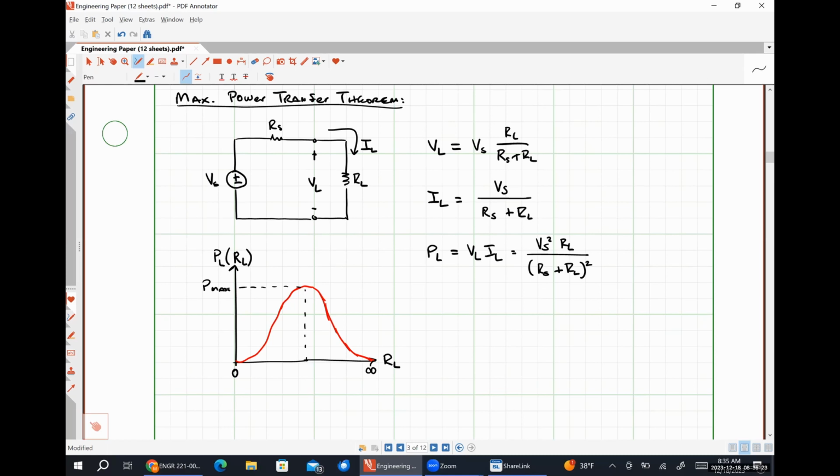So our goal here over the next few minutes is to figure out A, what that value of RL is that causes maximum power transfer to occur, and then B, once we figure that out, determine what the maximum average power will be. So I have this function.